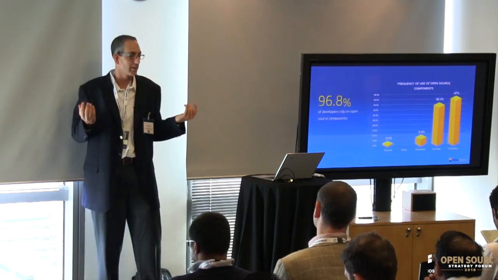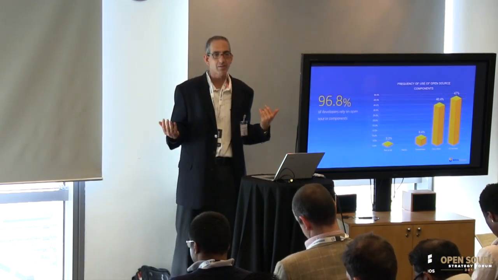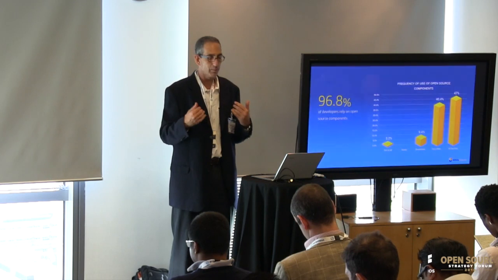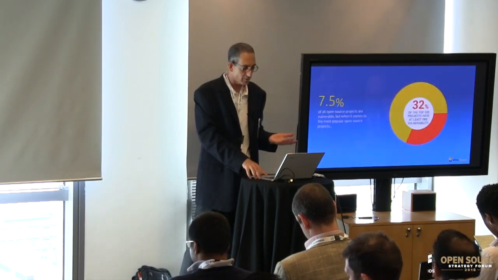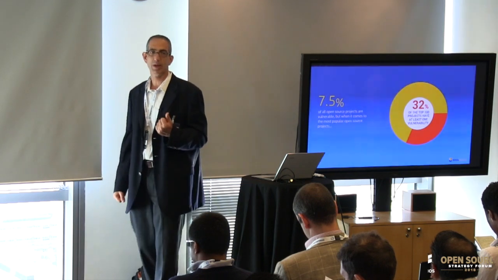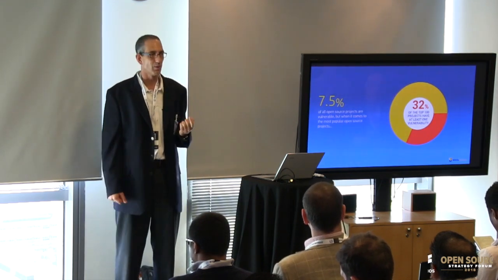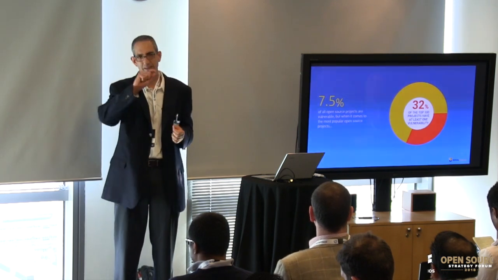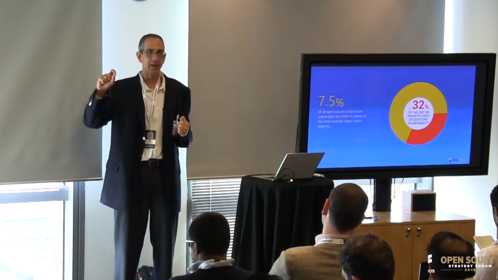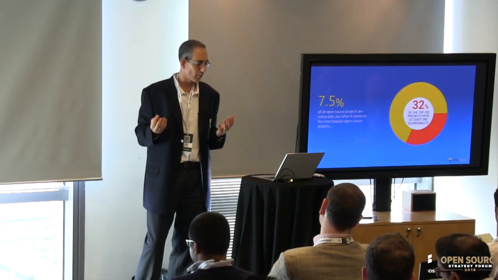Why shouldn't I be using that? I just want to focus on what's right for my business. And it's a very competitive environment. You have to be fast. So everybody understands that. So while only 7.5% of open source projects are vulnerable, it's essentially the long tail of these projects. It's not the vast majority of the high-profile projects.